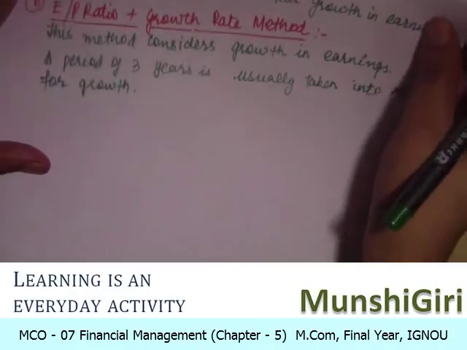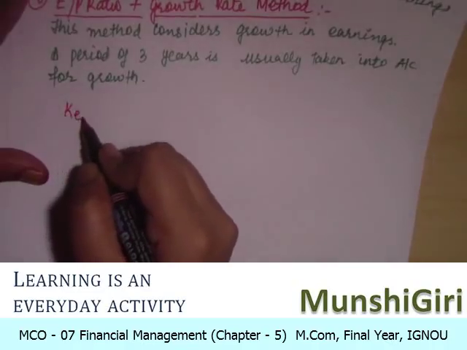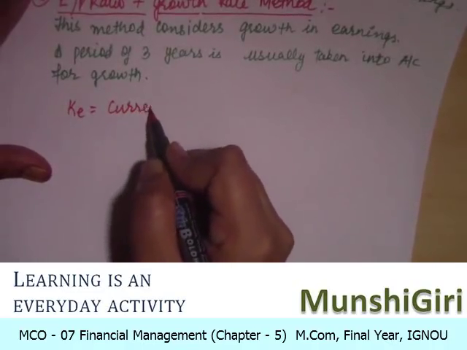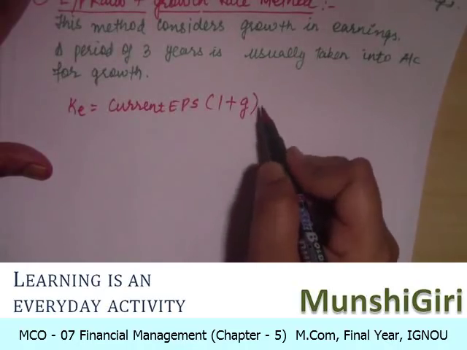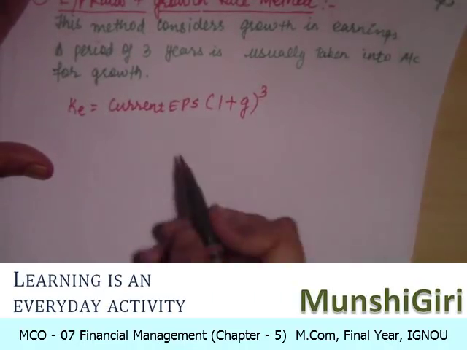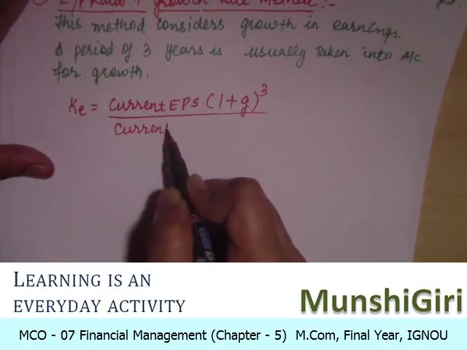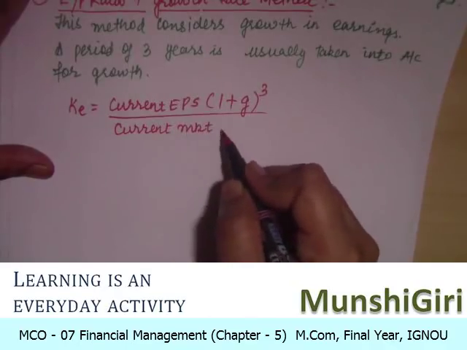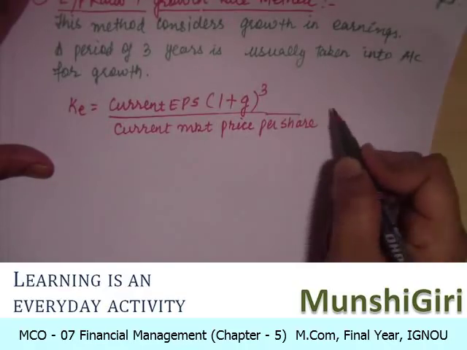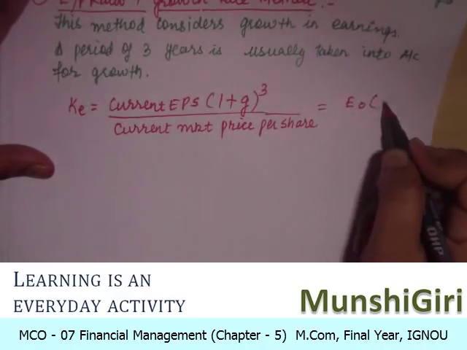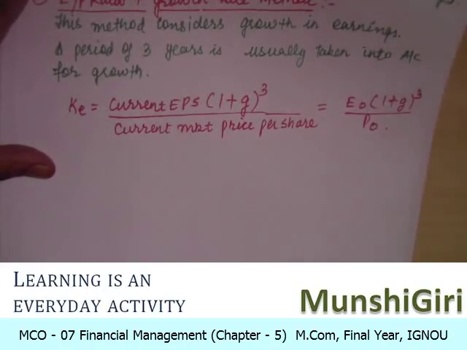The formula for this is KE is equal to current EPS, where EPS is earning per share, times (1 plus G) to the power 3, where G is the growth, divided by current market price per share. Or we can write it as E0 (1 plus G) cube divided by P0.